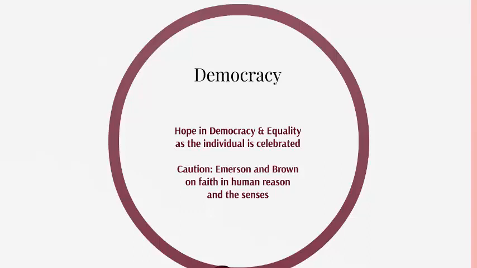A caution here, though. Emerson and Charles Brockden Brown may not be saying the same thing when they talk about faith in human reason and the senses. Human reason is more something like intuition for the Romantic. Reason is not logic.